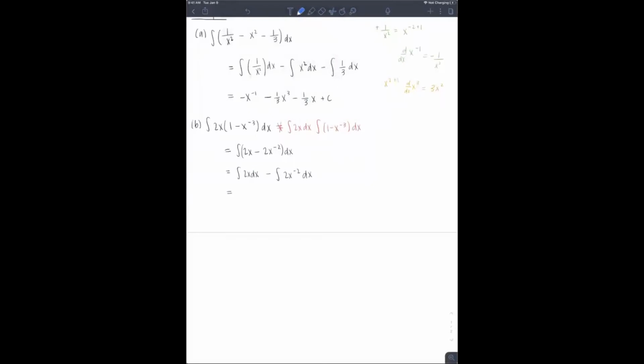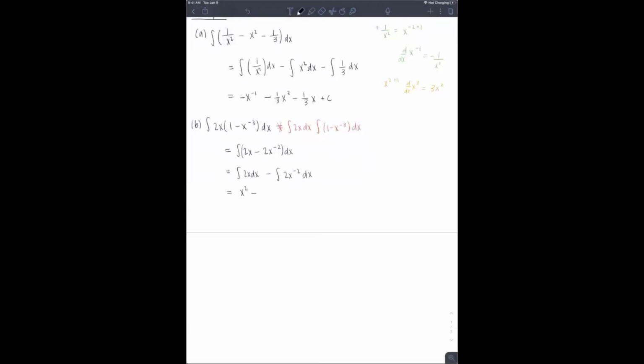And so you're definitely going to have x squared. And so do I need to do anything else with this x squared? When I differentiate this, do I get 2x? Yes, so that's perfectly fine. There's the antiderivative of that first part.